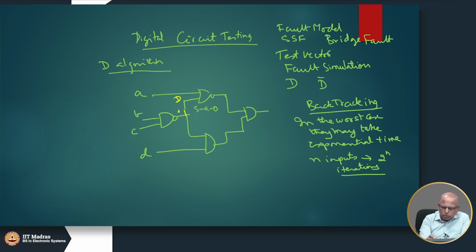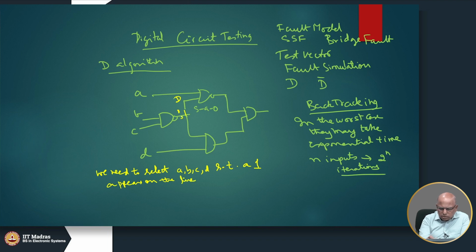We need to put a 1 on this wire, so we need to adjust the values of inputs, select A, B, C, D such that 1 appears on the line.